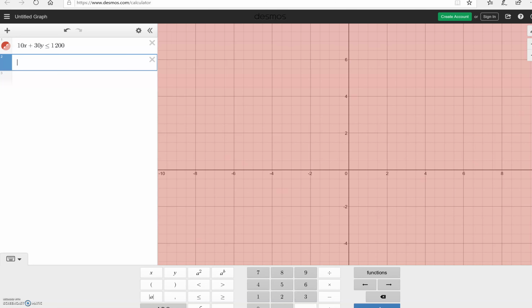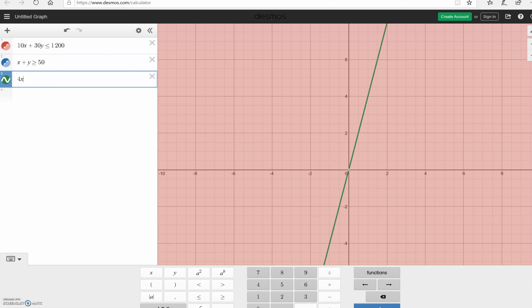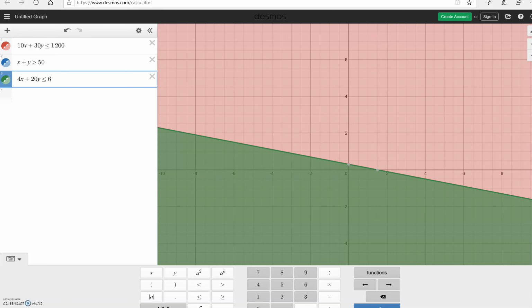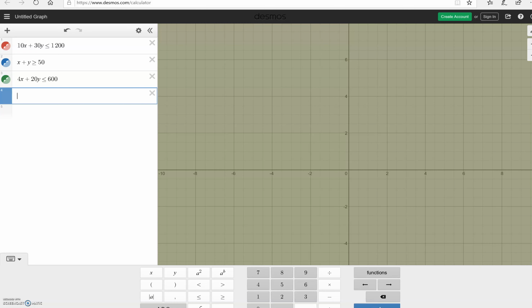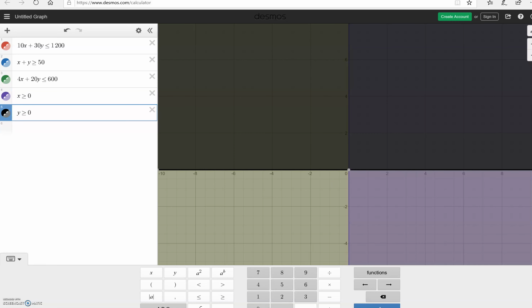I have x plus y is greater than or equal to 50. I have my cost, which is 4x for supplies, plus 20y, less than or equal to 600. And then I have the fact that t-shirts have to be greater than or equal to 0, and sweatshirts have to be greater than or equal to 0.